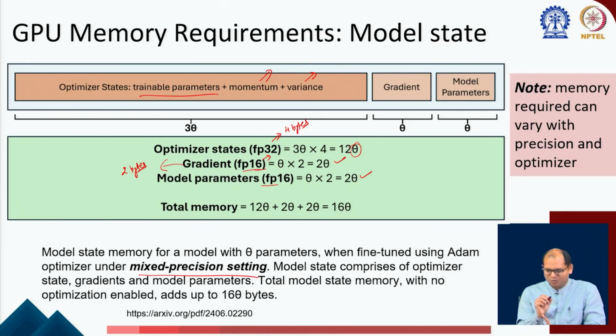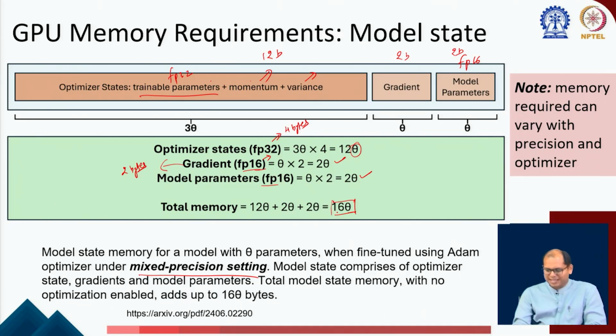That means I have 2 copies of parameters, in FP32 and also in FP16, and I'll say briefly why this is needed. So you have 4 plus 4 plus 4, 12 bytes per parameter needed here, 2 bytes needed here, 2 bytes needed here. You need 16 bytes per parameter. So if your model has theta parameters, you have 16 theta, right? That much memory that you need.